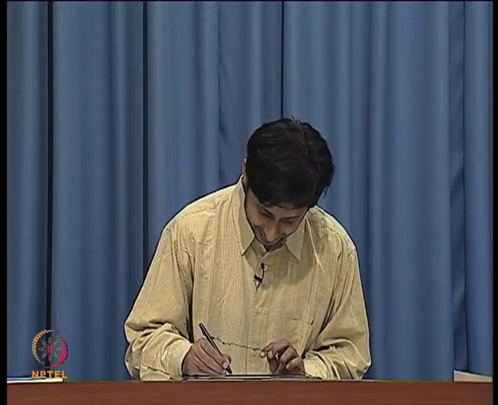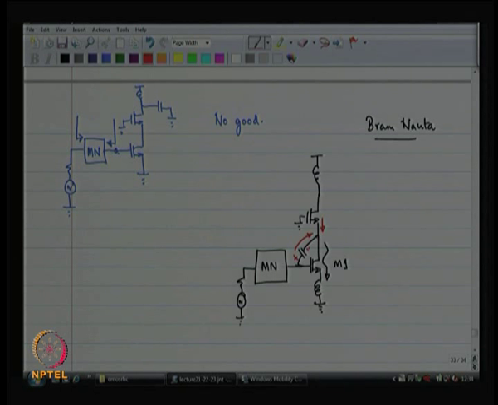Now, if I do so, then that can create a voltage that is proportional to the current with 90 degrees phase shift, right. The voltage will lag behind the current, the current will lead the voltage, all right.